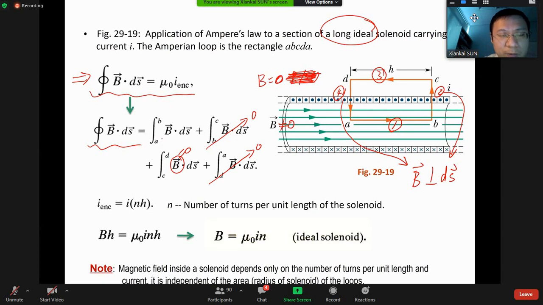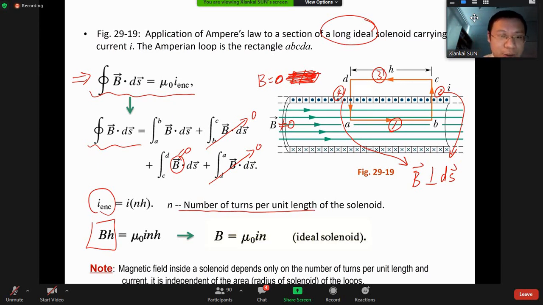The integral from A to B of B dot ds is simply B times h, where h is the length of the rectangle. On the other hand, on the right hand side, I enclosed is equal to I times n h, where n is the number of turns per unit length.